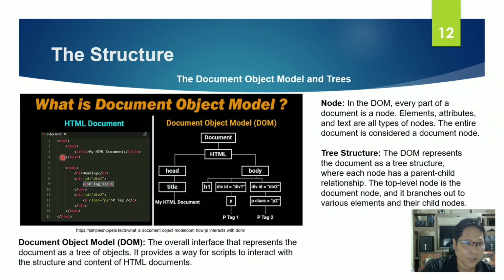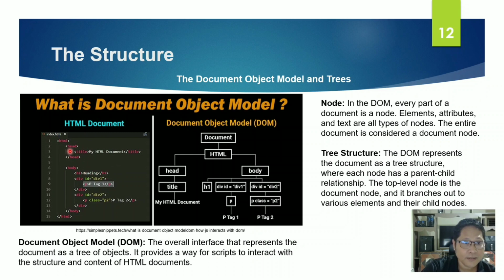That is why the head and the body are inside the HTML here. So that's why the placement of the elements is very important. The indentation is very important so that we can see which is which, who is the parent and who is the child and who is the grandchildren.